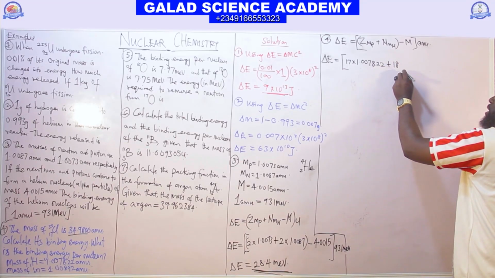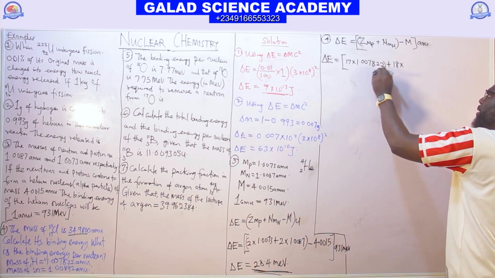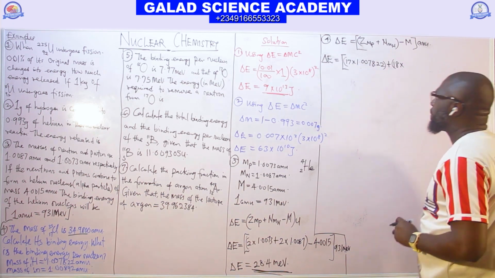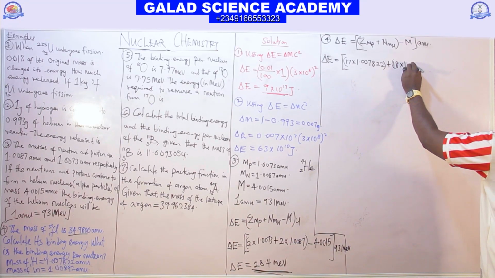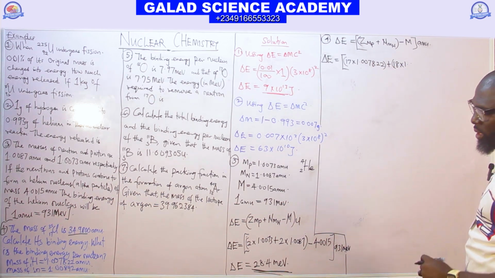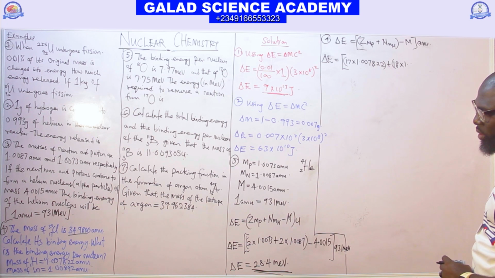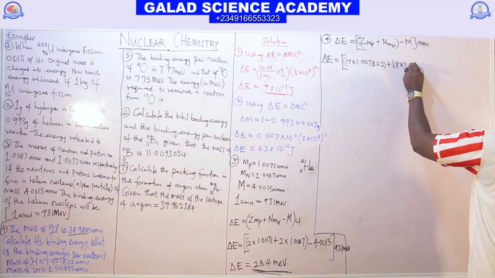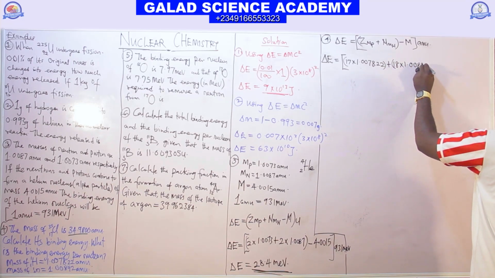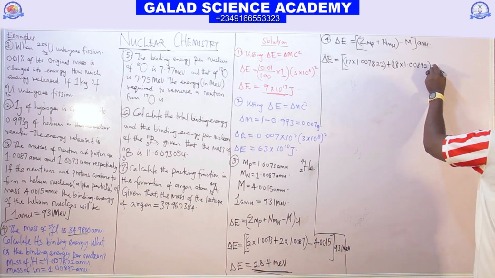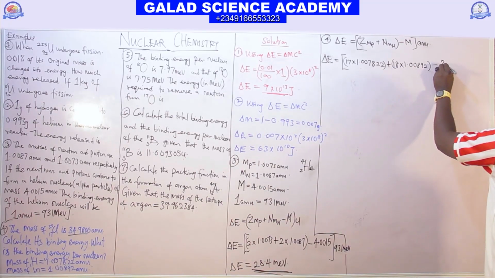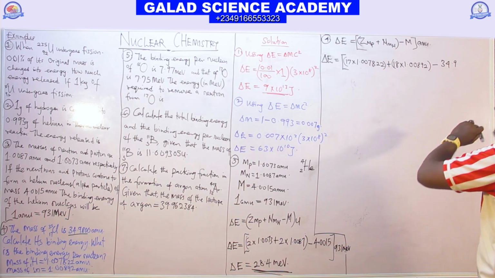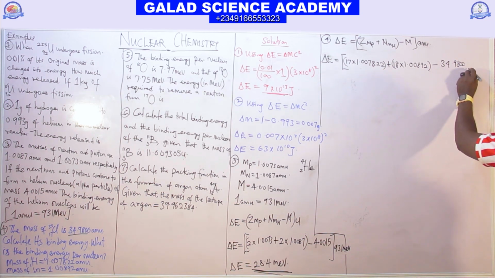It will be 18 multiplied by the mass of neutron, 1.0087, minus M, 34.9800.